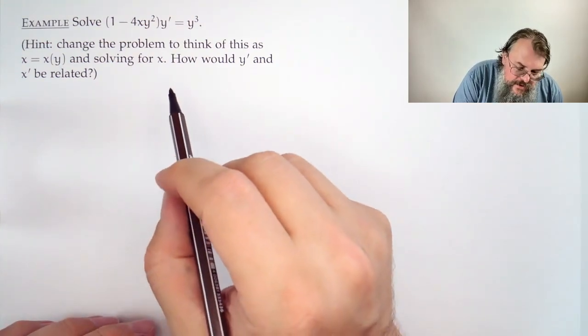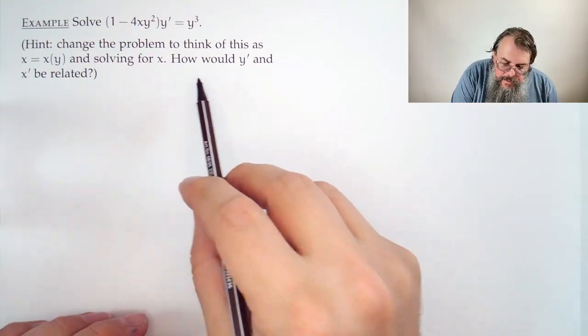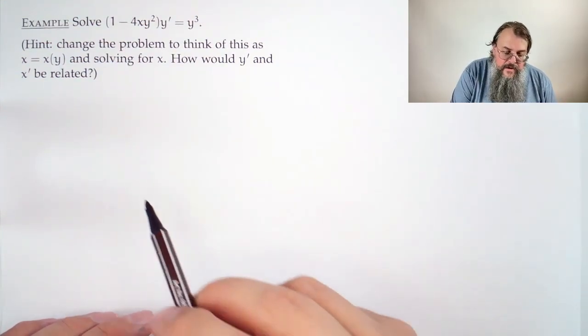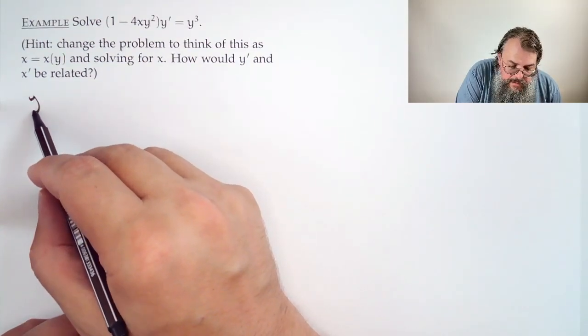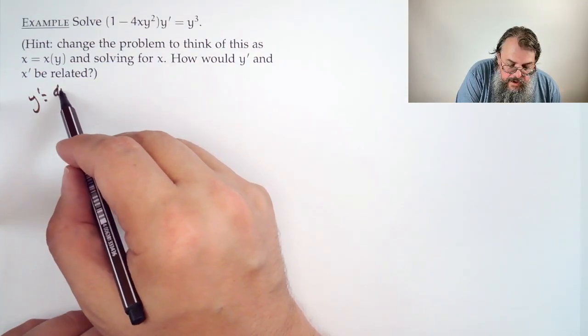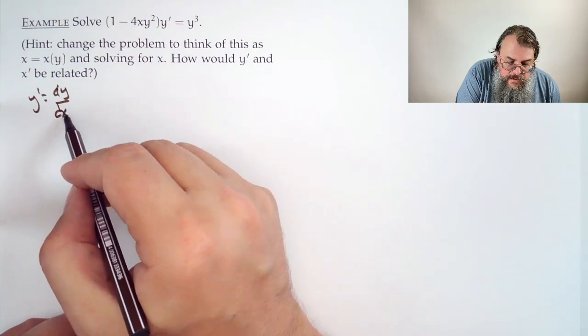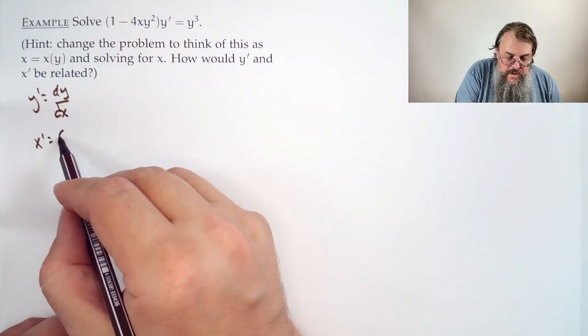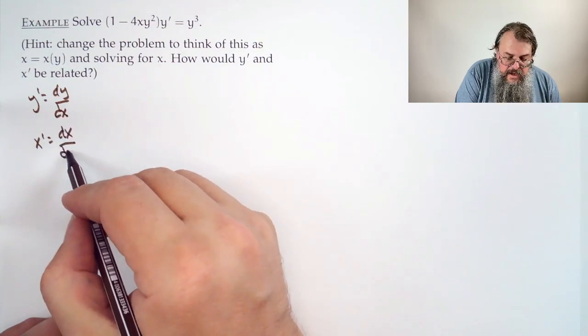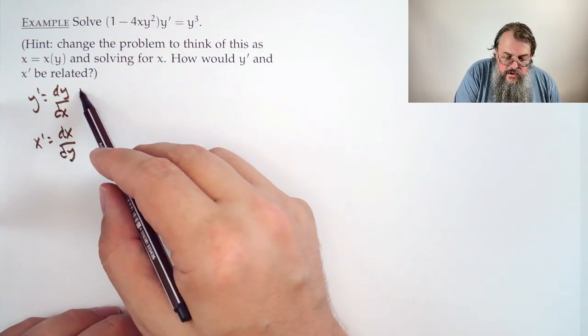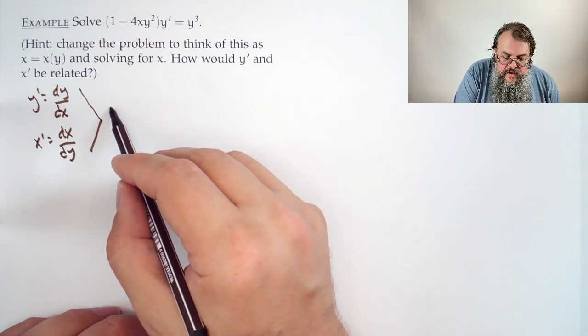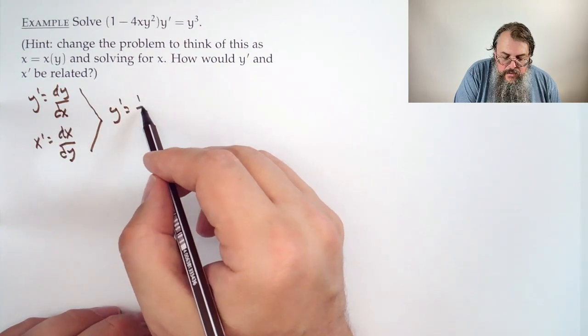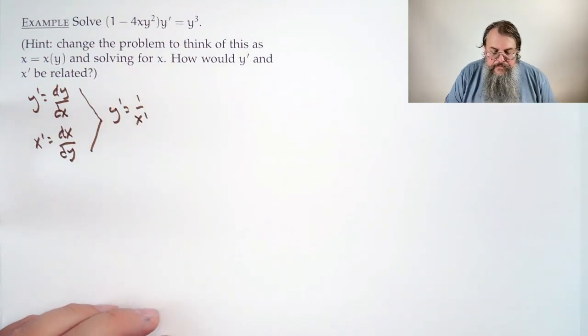And now the tricky part, well, what about y prime? What does that do? Well, y prime, you can think of that as dy/dx. How does y change with respect to x? x prime would be, how does x change with respect to y? And so it turns out that y prime is 1 over x prime.